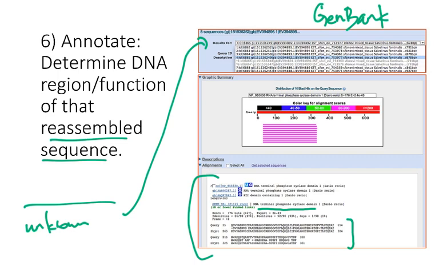And you do this through bioinformatics programs, because remember, when you're doing this type of genomic sequencing, you're getting thousands and thousands of reassembled reads. So you don't do this one by hand. You do it all through bioinformatics programs, but the overall idea is that you're comparing your unknown sequence to a database to figure out what the actual DNA region or function of that reassembled sequence is.